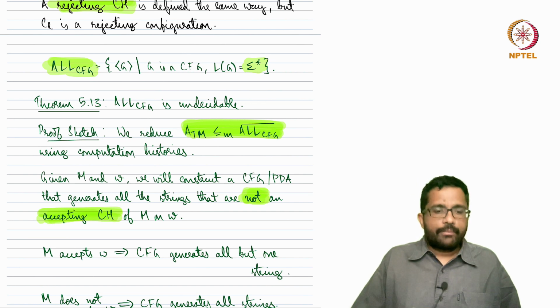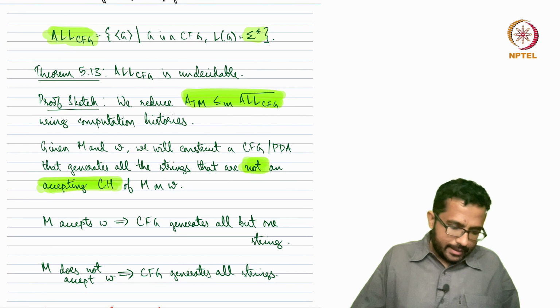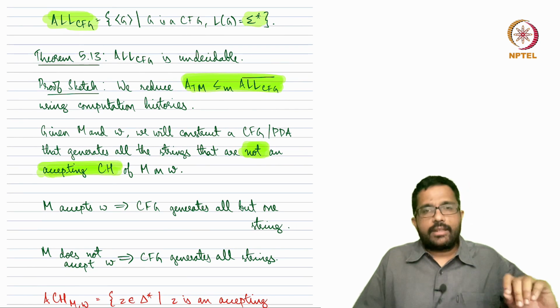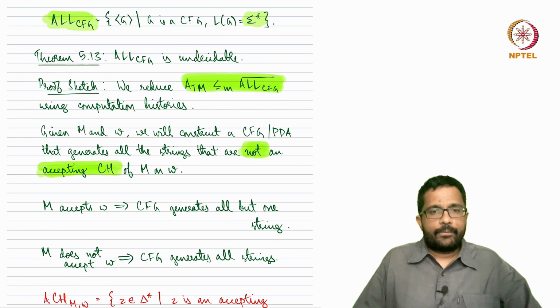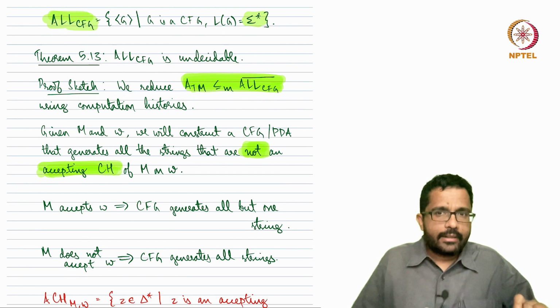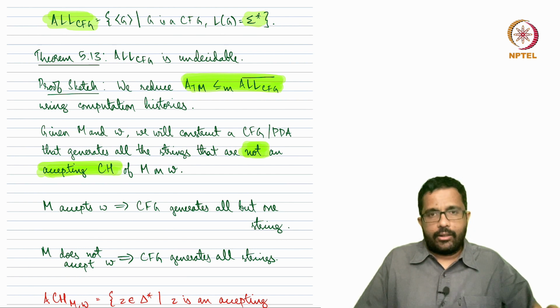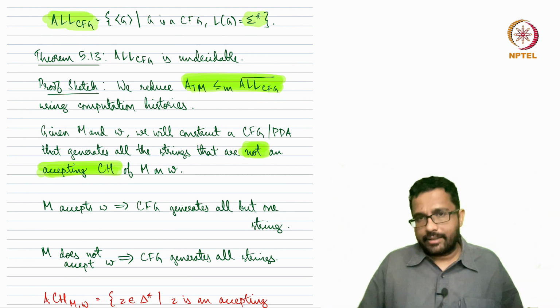It's slightly twisted. Suppose M accepts W. Then it will not generate the accepting computation history of M on W. The grammar will generate all the other strings.